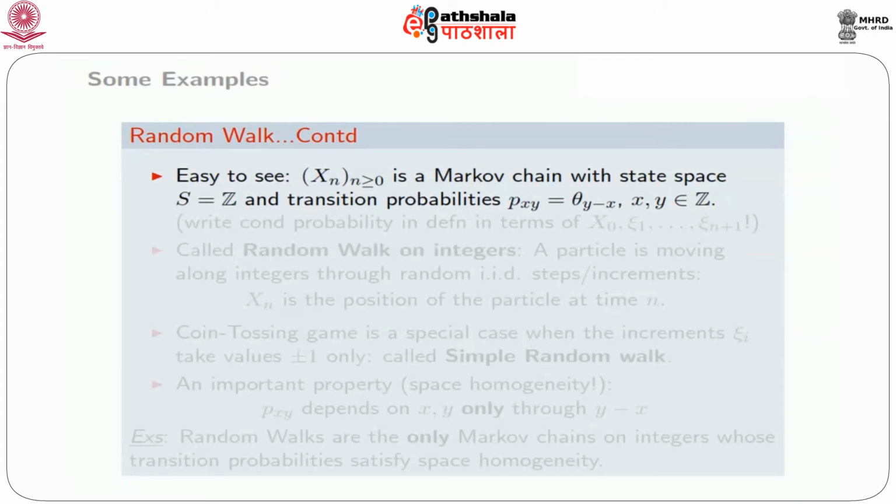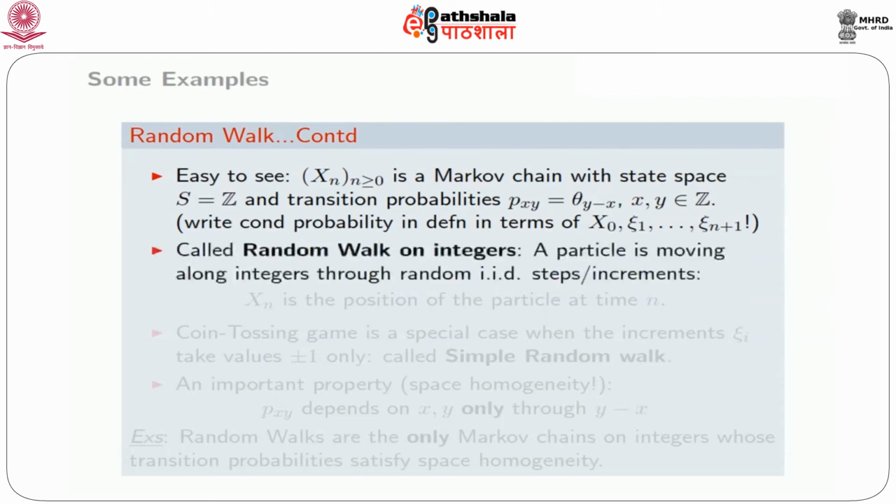But remember, Xn plus 1 is Xn plus xi n plus 1. So the probability of transition from x to y is the same as the probability that xi n plus 1 takes the value y minus x. That's why Pxy is theta y minus x. So you just write the conditional probability definition in terms of these random variables and easily derive this.